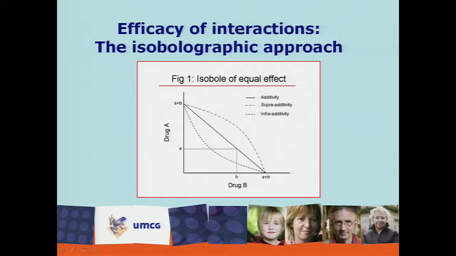We all know that if the combination of two drugs doesn't add any more effect, this is called additivity. If there is more effect, then you have a synergy. If the combination of two drugs produces less effect than if you would have given an equipotent combination of these drugs alone, then you will have an infra-additivity.